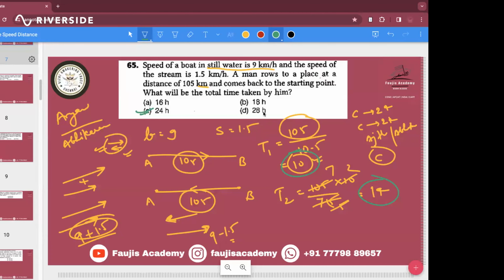Just be with me in all the maths classes over here. From 20 into 360 marks, I'm guaranteeing you will get 50 plus marks at least from here itself.